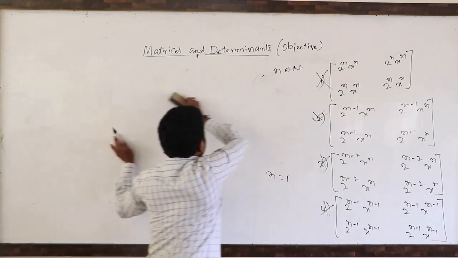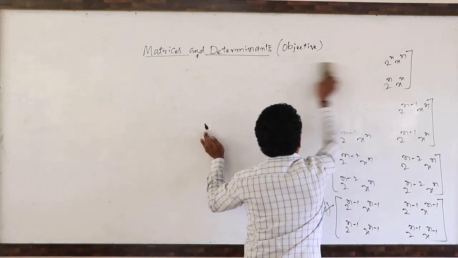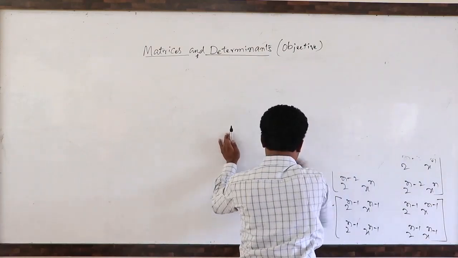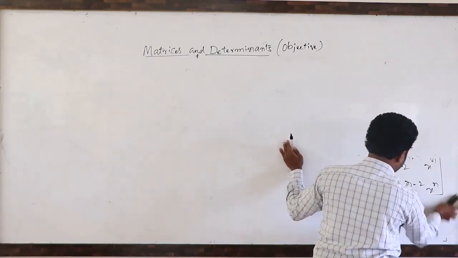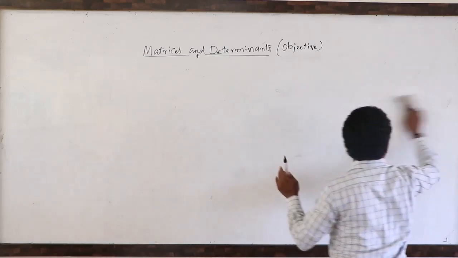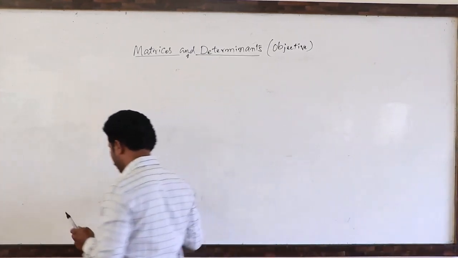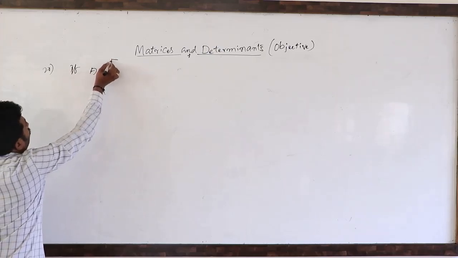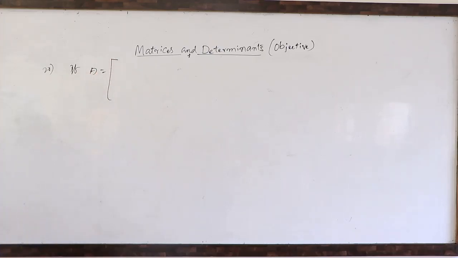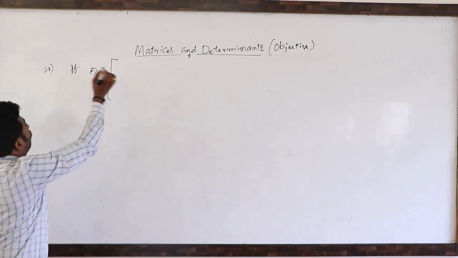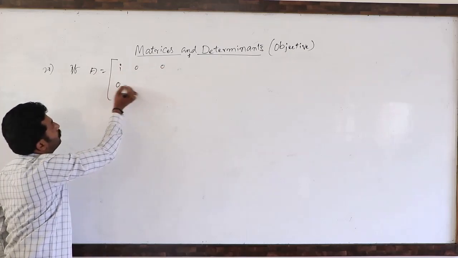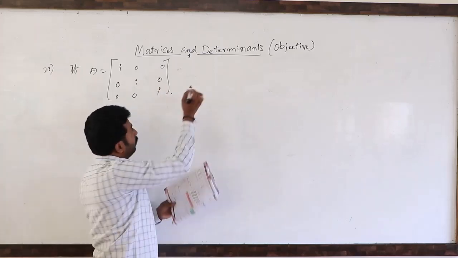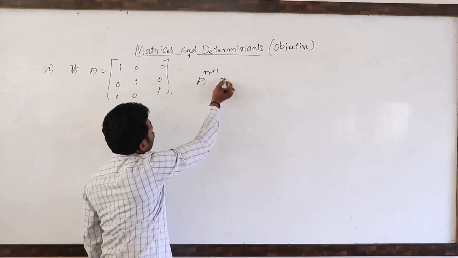If A equal to a square matrix, that is, i 0 0, 0 i 0, 0 0 i, then they are asking A to the power 4n plus 1.